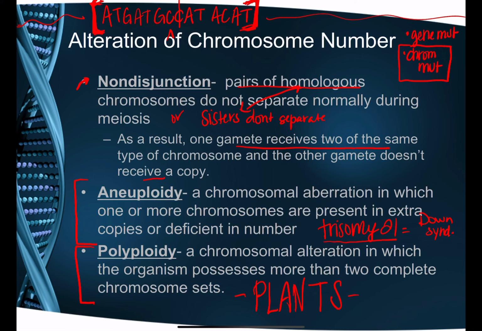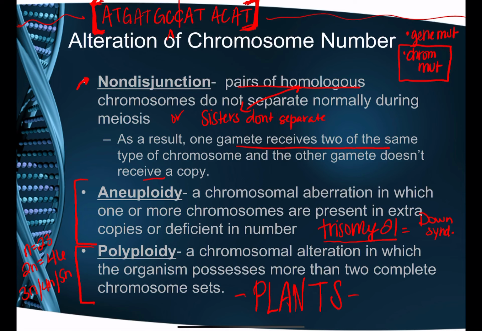So for humans, our haploid number is 23. Our diploid number, when you get sperm and egg together to make a real human, is 46. But polyploidy would be if you had 3N or 4N or 5N. They have whole extra sets of chromosomes. And we see that a lot in plants.